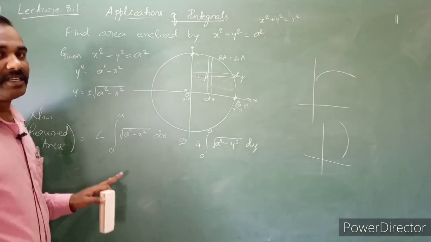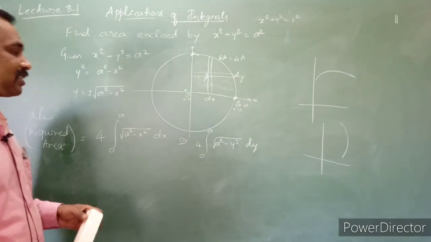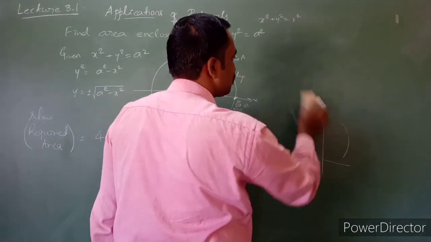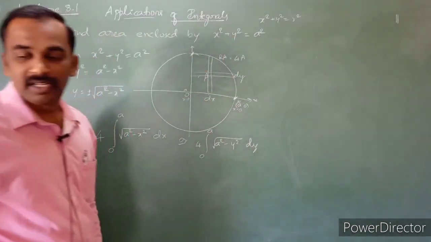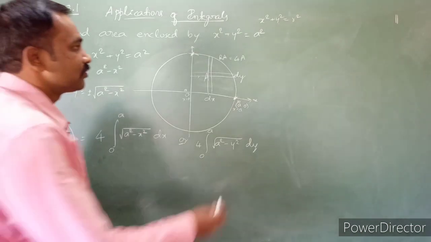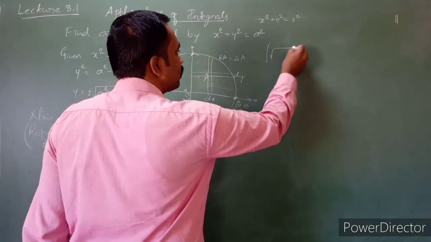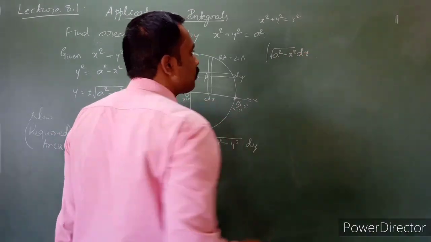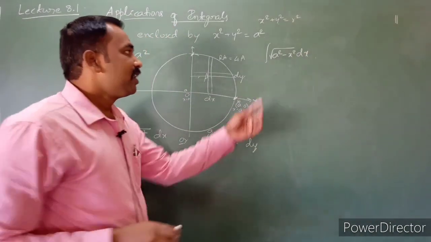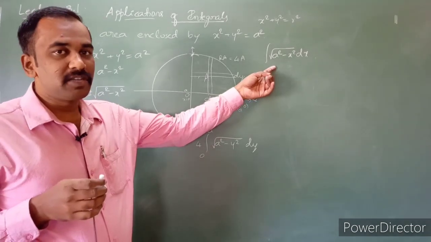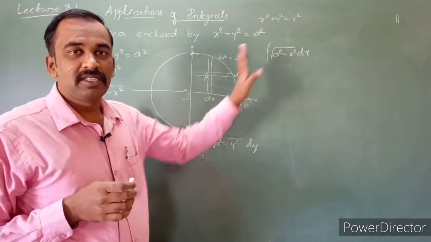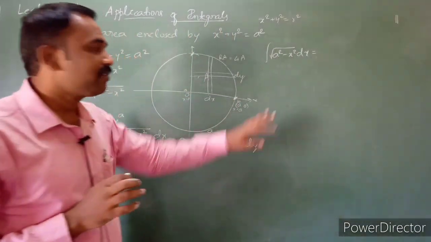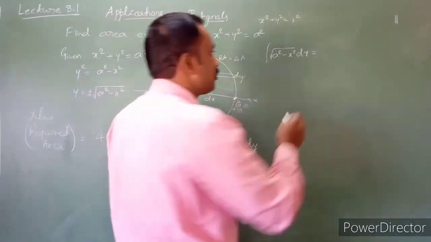Okay, better to take the dx because we are familiar with the dx. Anyway, here one more formula we know. What is the formula we know? Integration of root of a square minus x square into dx. What is integration of root of a square minus x square? Actually, this is removed from the particular syllabus. Formula derivation is not given, only the formula is mentioned.